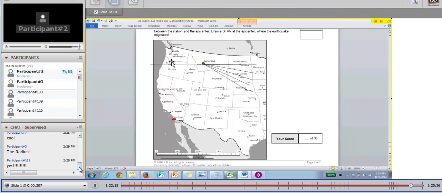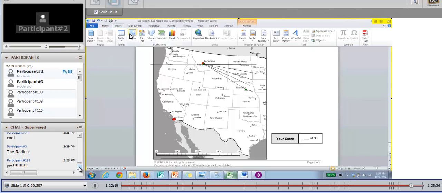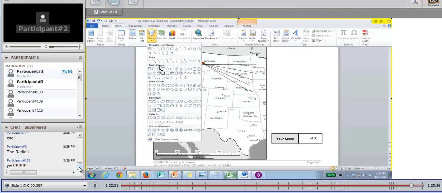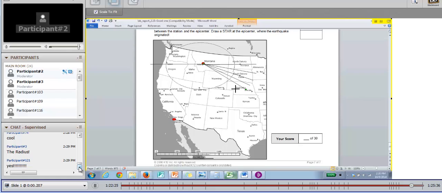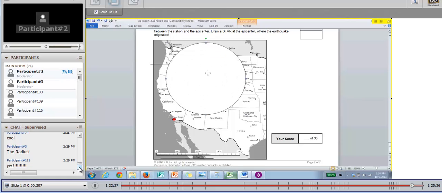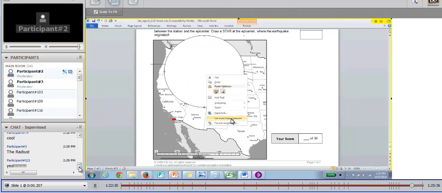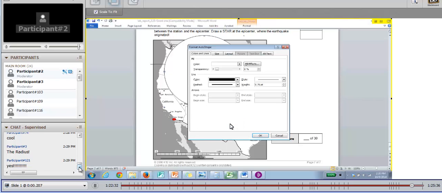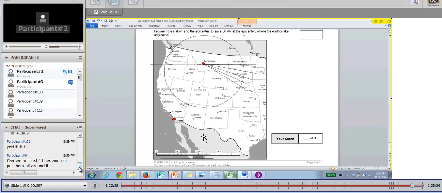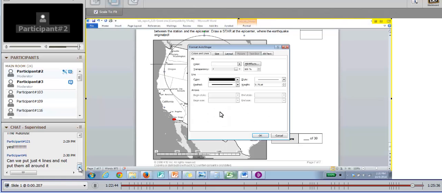And you might be better at using the Word shapes. You can insert a circle. Try to make it right over there, format it. Make it transparent. So right click, format shape. I can do that again for you, show you that. Right click, format shape.